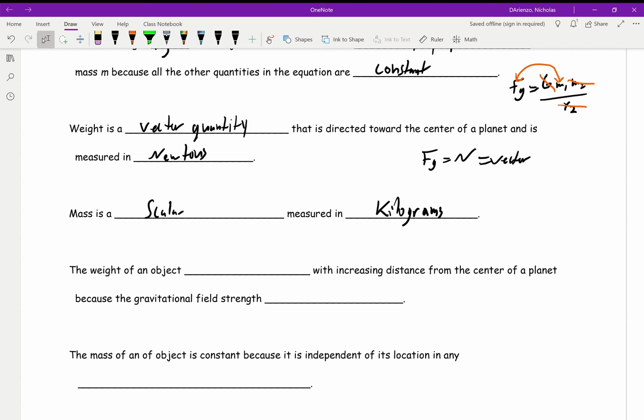Now, if we take an object, call it a rocket ship, call it an astronaut, call it somebody jumping off the surface of the Earth, the weight of that person is going to decrease the farther away they move from the surface of the Earth. And that's due to the decreasing gravitational field strength.